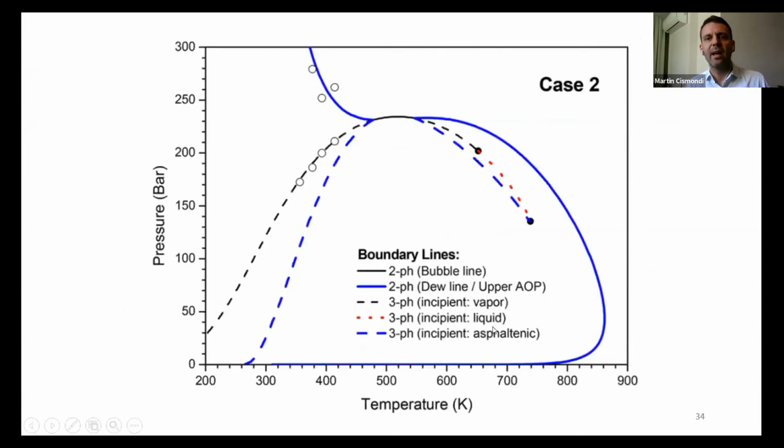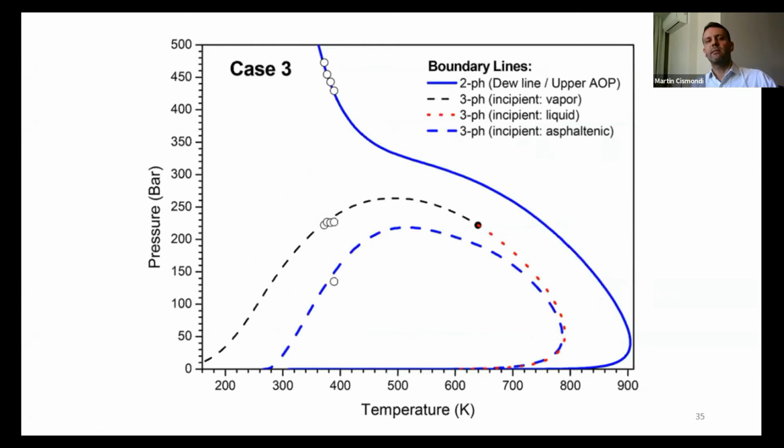Then in that paper, I also considered another case quite similar to the previous one, with some experimental points here. Quite similar, except for this part in the higher temperature region. But this is very interesting because this case is really different to the previous one.